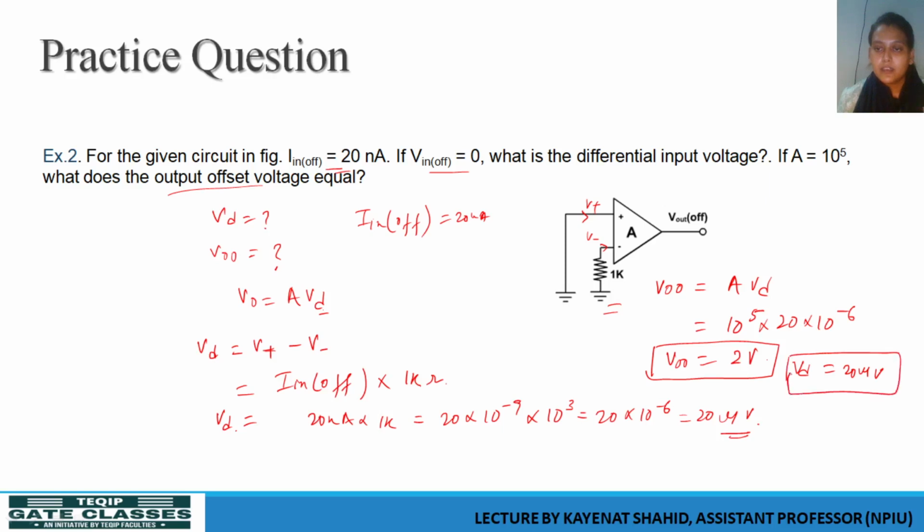You can also write this as the modulus of IB1 minus IB2, as in the equation we have already discussed. We are not talking about which terminal the current flows in, we are just taking the difference and the modulus. That's why the current is 20 nanoampere. So this will be your answer.